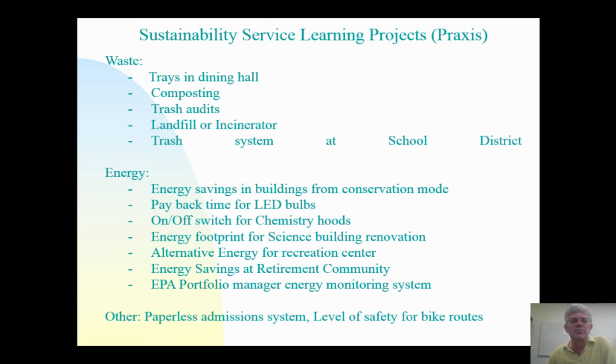The facilities people painted lines on the dumpsters, quarter full, half full, 3/4 full, and the students recorded how full the dumpsters were and presented their findings and a recommendation that in some cases they could reduce the size of the dumpsters and we wouldn't have any problem of overflow.